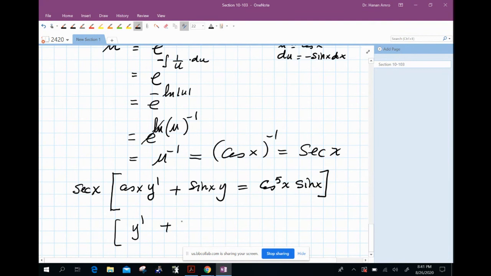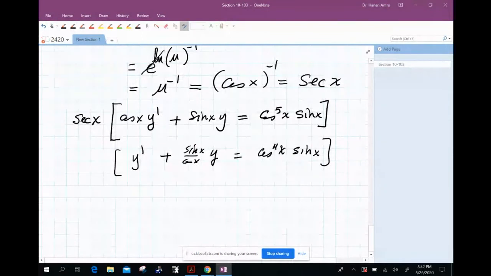Secant is 1 over cosine, so that will be left as sine over cosine. So this is sine x over cosine x, times y, and that's equal to, remember, you're dividing by cosine, which leaves cosine to the fourth of x times sine x. That's when we multiply everything by the secant.